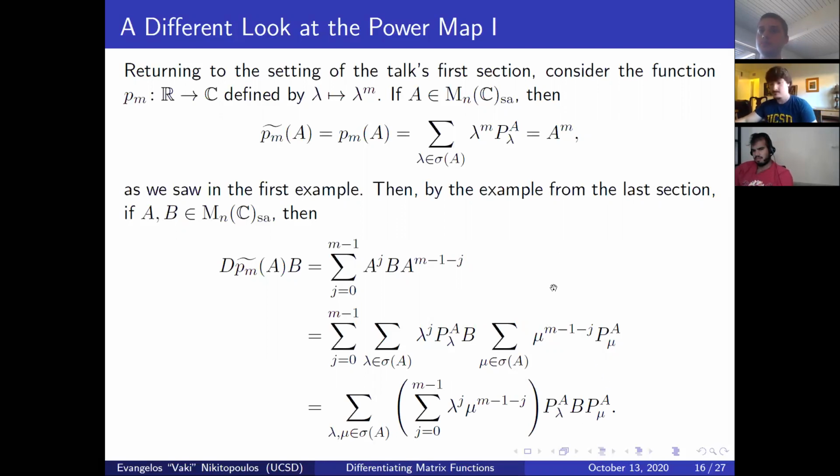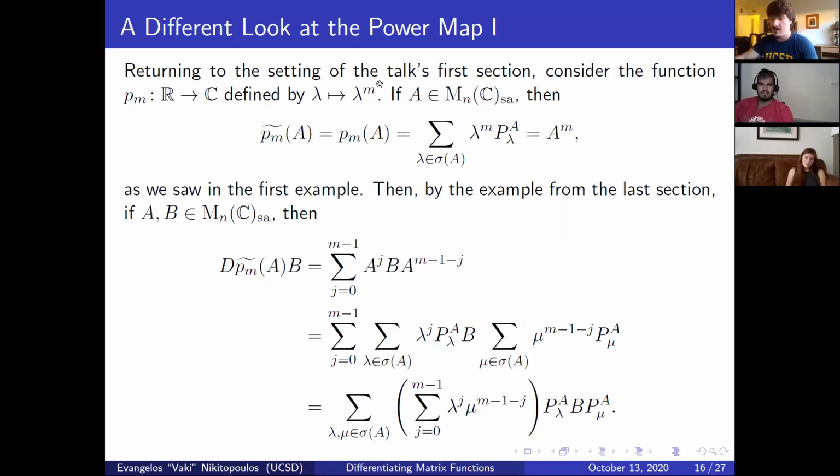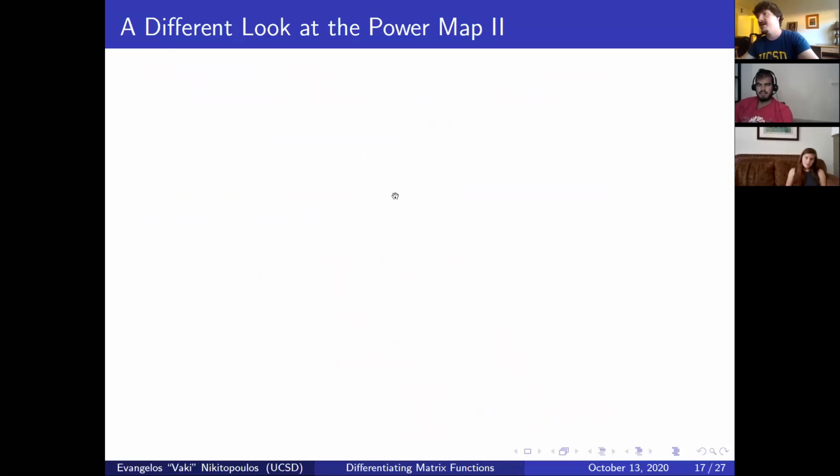Okay, it's going to be crucial for us to identify a natural function that gives this and is related to the power map somehow. That's the subject of this slide.